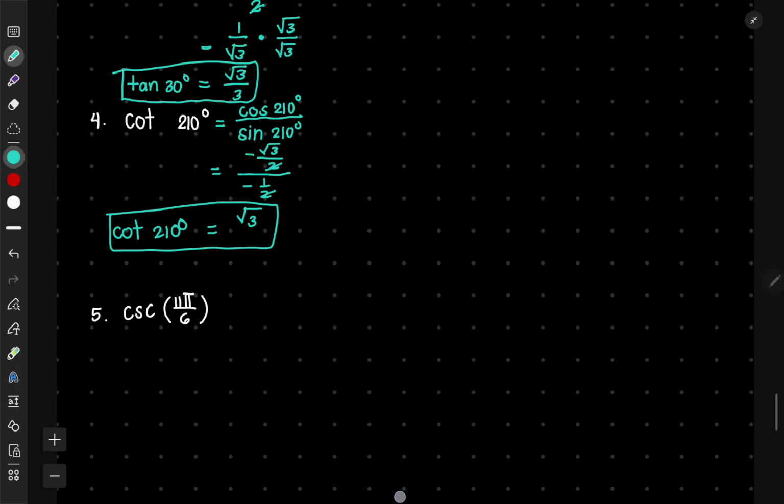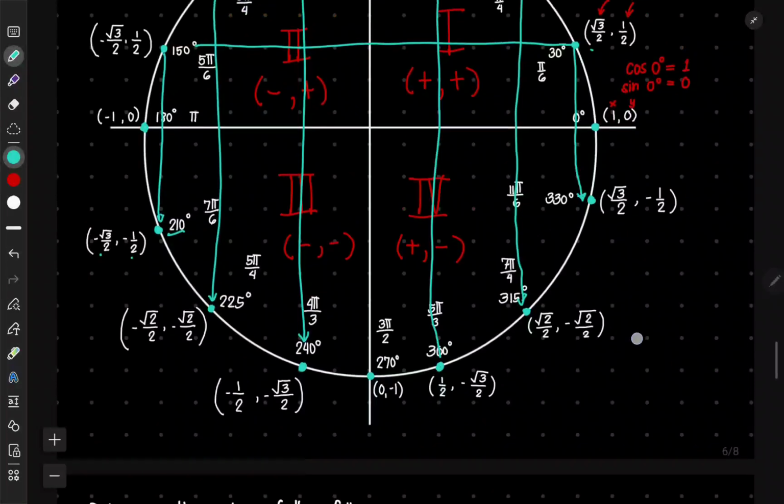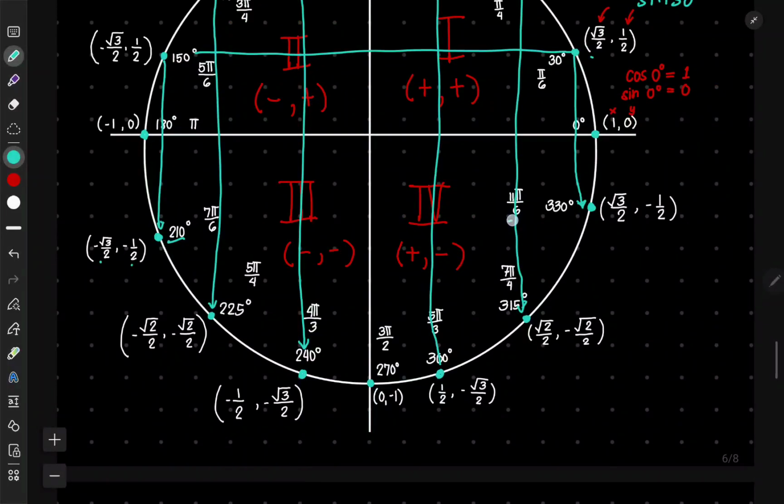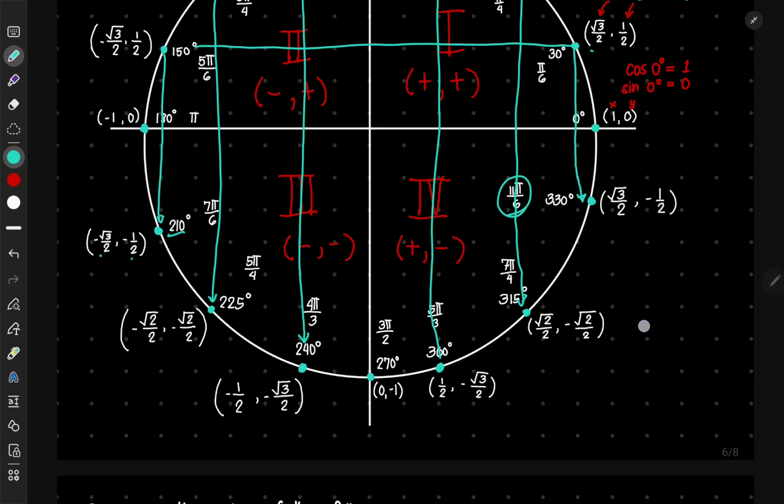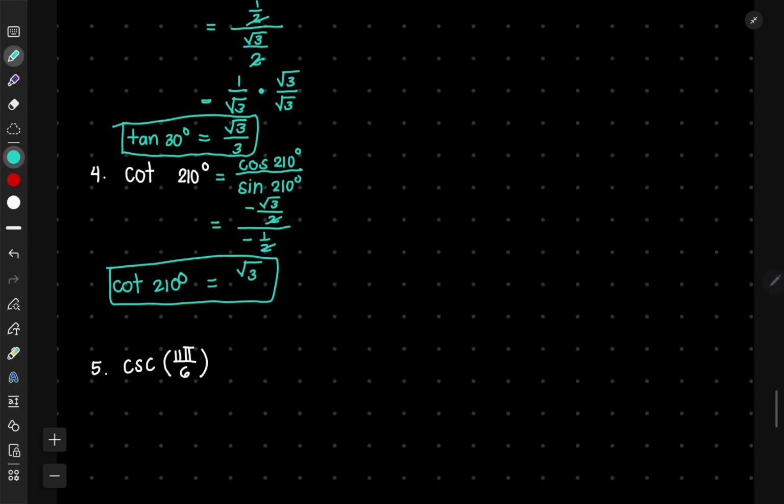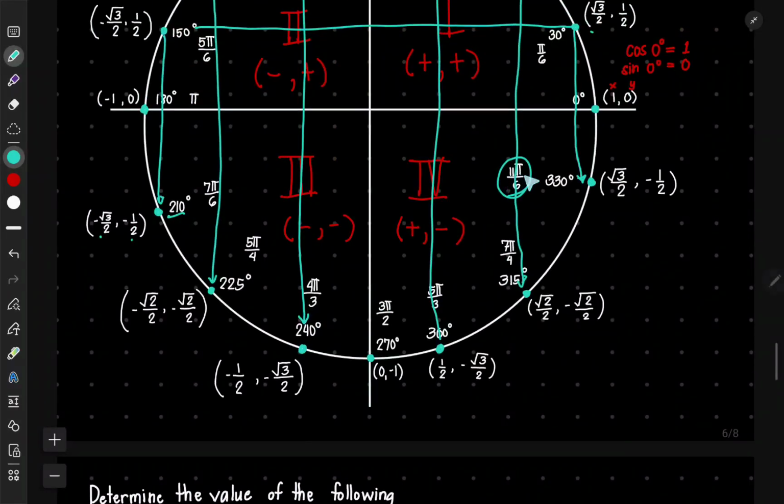Okay, next. Here, our angle is in radians. So, we have to get the value of cosecant 11 pi over 6. So, in our unit circle, 11 pi over 6 is this one, or that is equal to 330 degrees. So, our coordinates are square root of 3 over 2 and negative 1/2. What we're taking is cosecant. So, cosecant of our 11 pi over 6. And we know that cosecant is the reciprocal of sine.